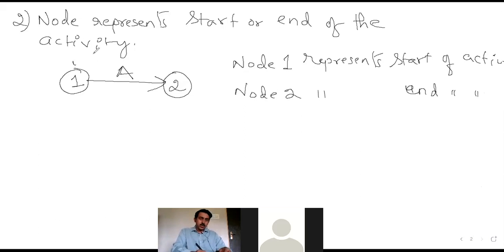So that means node 1 represents the start of the activity and node 2 represents the end of each activity. Now, why we have to convert the project into the network diagram is that it becomes very much simpler for a project manager. It should not become hectic for a project manager to see that all the activities are under control. Is it right? It is his or her responsibility to see that the project is working fine and each and every activity is finishing on time.